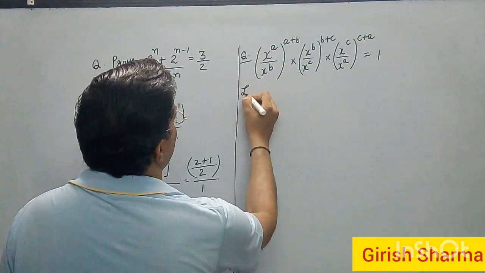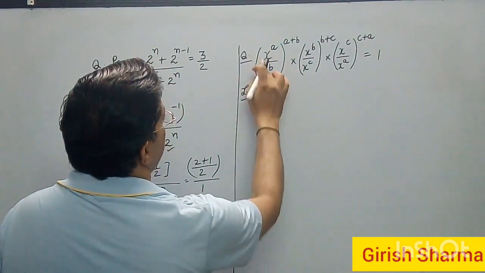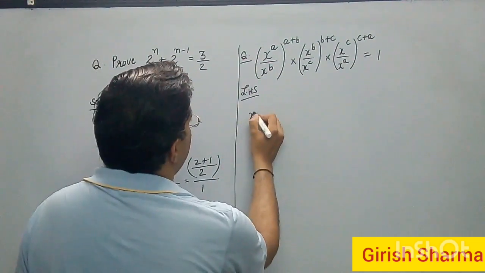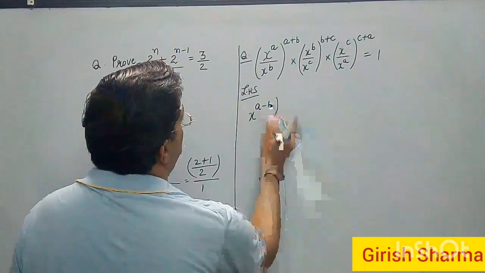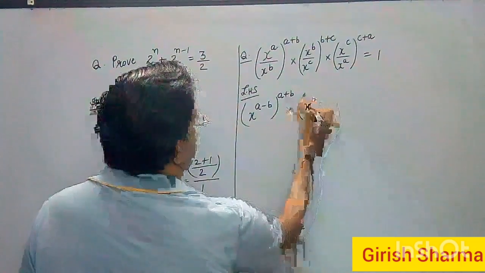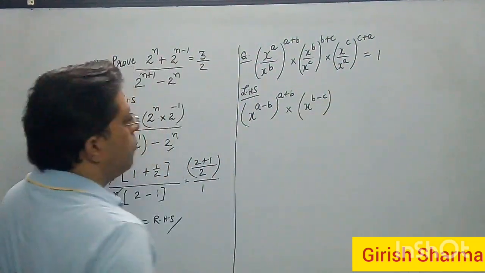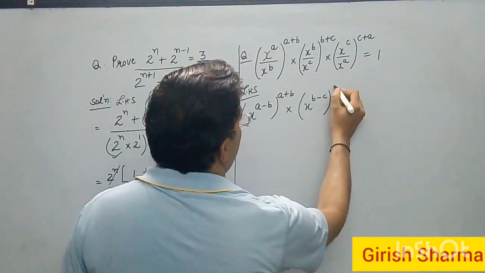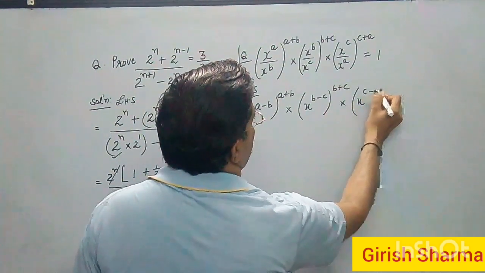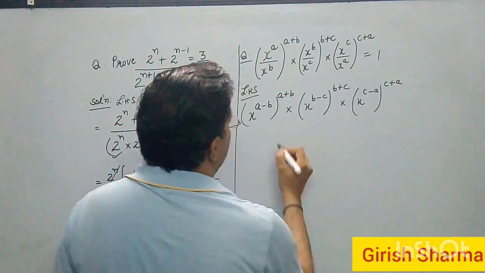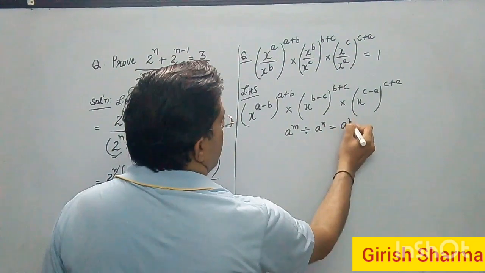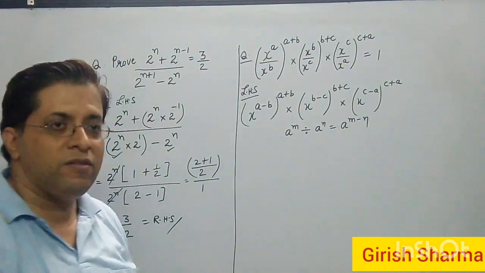See here, again we will use laws of exponents. See in the bracket, the numerator and denominator have the same base. Then the powers should be subtracted. Just like a^m divided by a^n, you can say a^(m minus n).